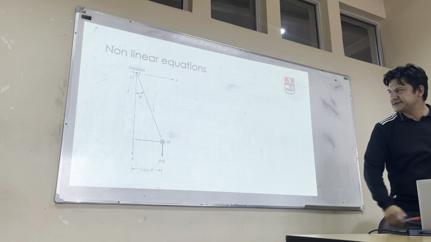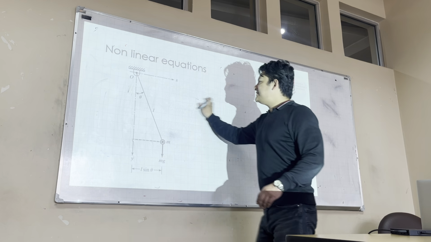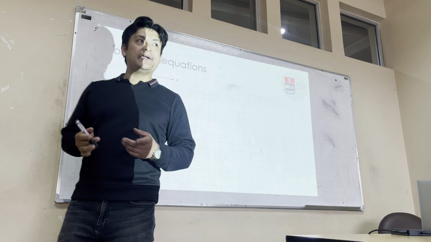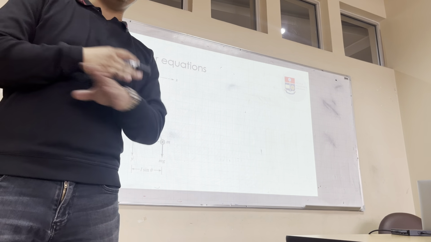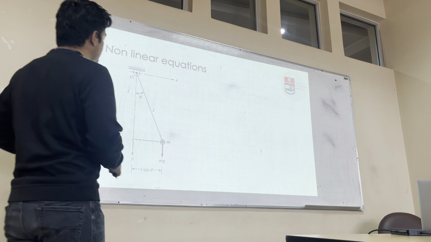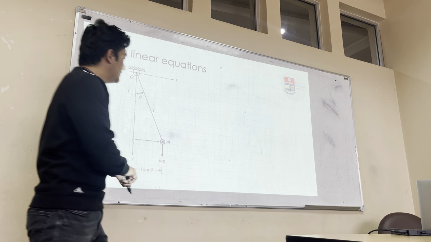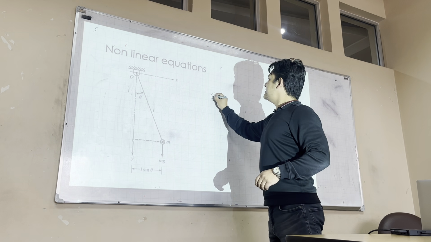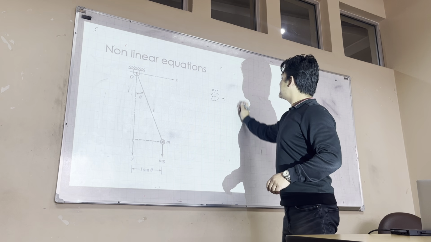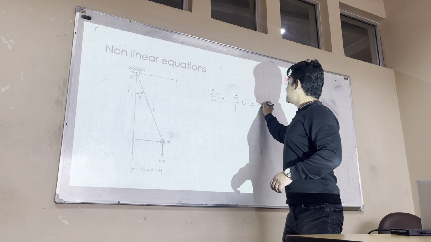Now, here is the beautiful part of this. This code is not restricted to linear equations of motion. You can do anything you want, including non-linear. For instance, you remember the equation of motion of this thing. It was theta double dot plus g over L theta equals 0.